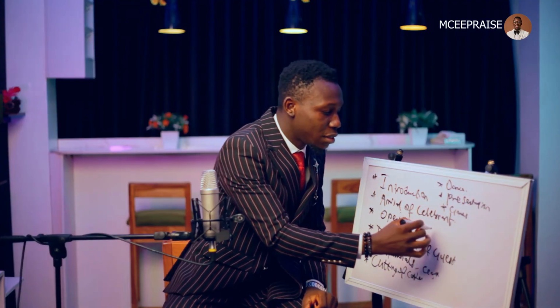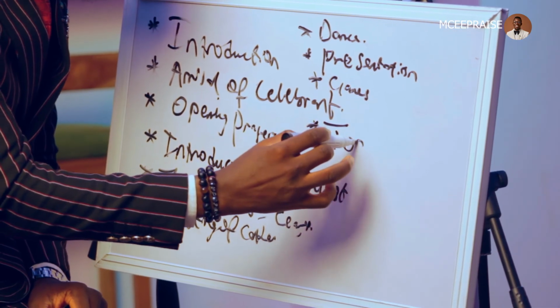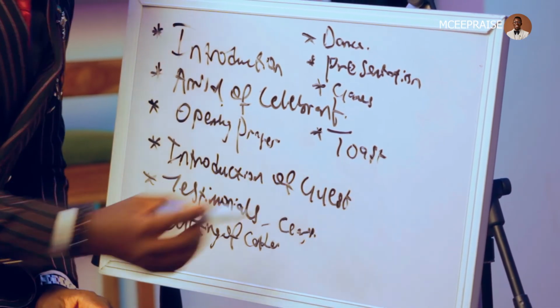So after the games and everything, and your celebrant is back, you're going to have what I call toast. In this toast session, you ask the celebrant who is going to lead us in the toast. If they don't have anybody, then you can take it for yourself and say, ladies and gentlemen, can we fill our cups with water, wine or juice, whatever we can find?